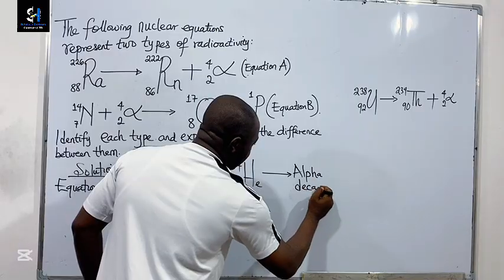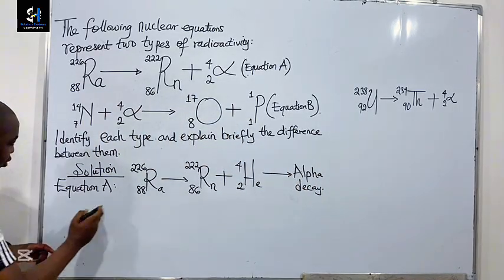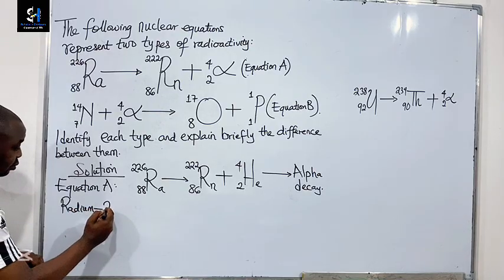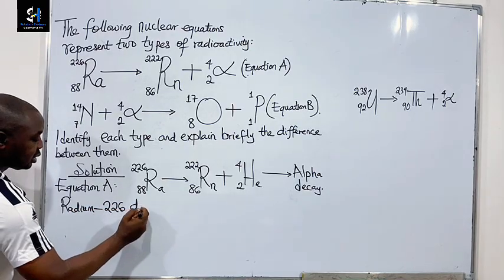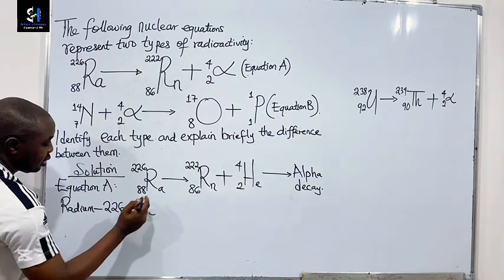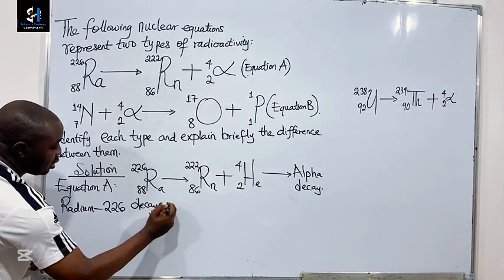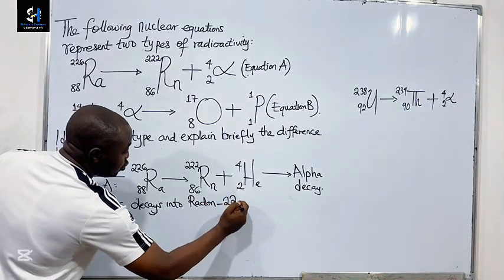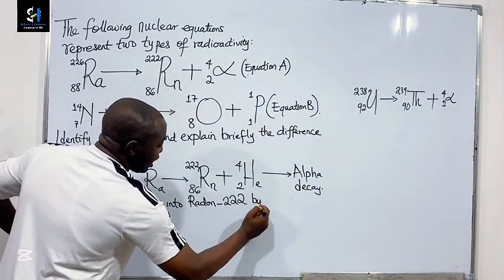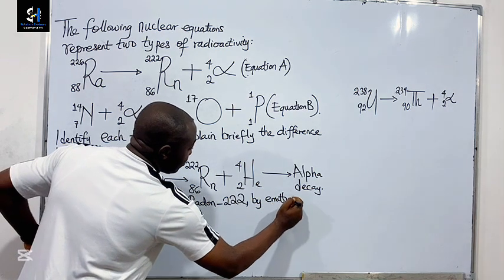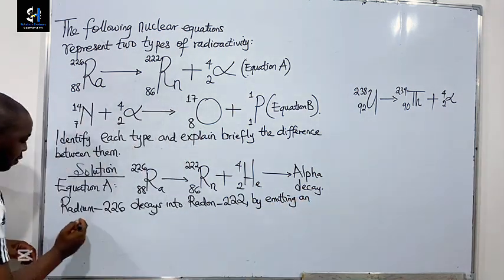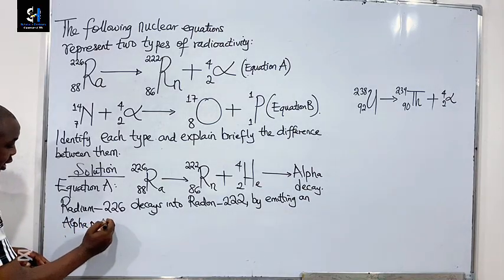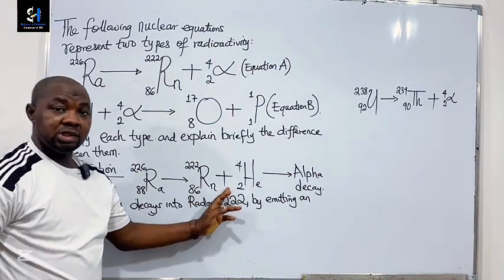Let me interpret this: radium-226 decays into radon-222 by emitting an alpha particle. So that is how to interpret this equation.